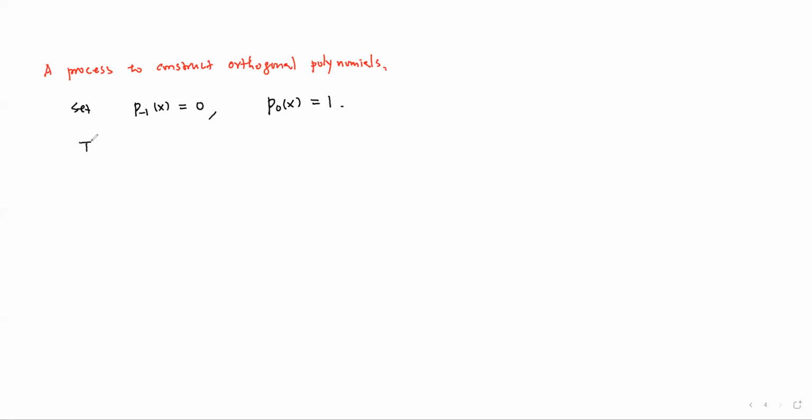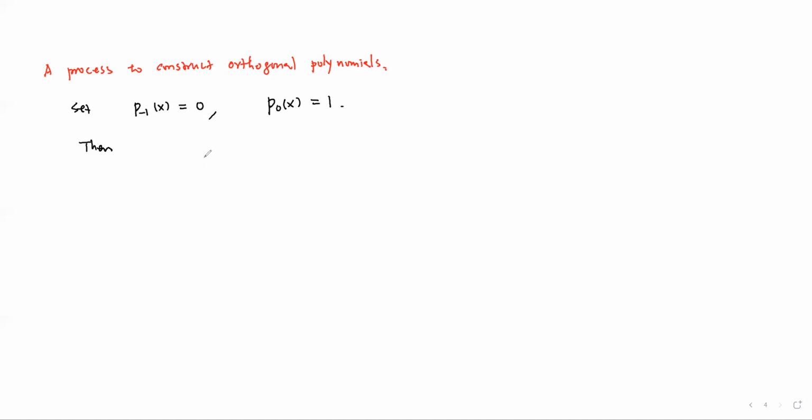Then from P negative 1 and P0, we can construct P1, the orthogonal polynomial of degree 1. Then from P0 and P1, we construct P2, and so on.